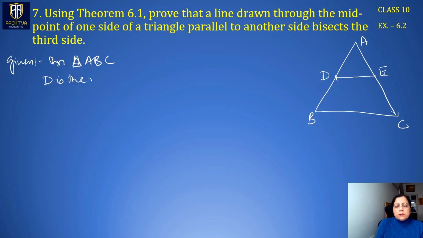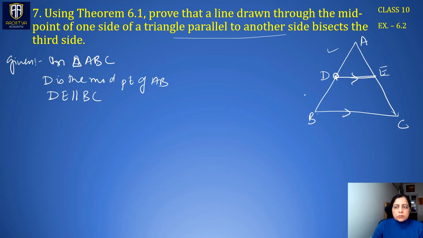D is the midpoint of AB, right? And if that line is drawn parallel to another side, let this DE be parallel to BC. That means DE is drawn parallel to another side. See, it is the midpoint of one side, let us say the midpoint of AB.